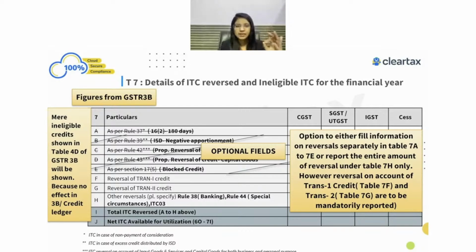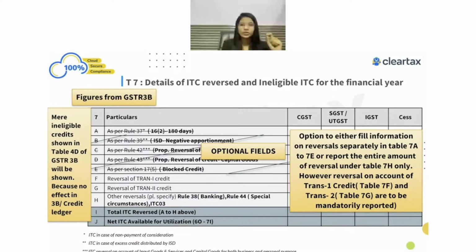When I expense it out, I never claim that ITC under 4A5 and I never do a reversal under 4B1. Many times I used to show it, and most of the time I didn't even show that.